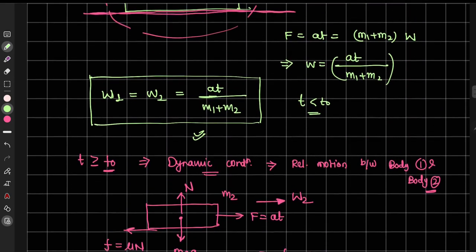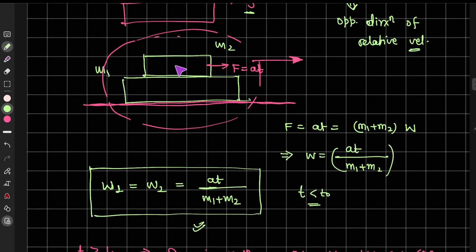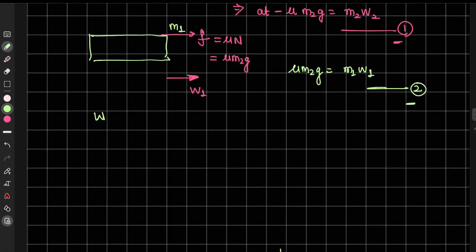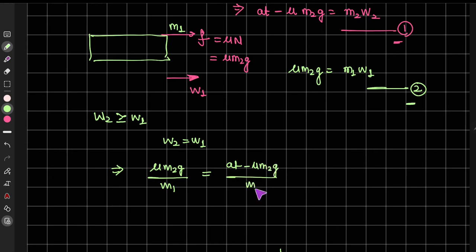Now if it is in the dynamic condition, then there will be relative motion between mass m1 and mass m2, and if there is relative motion between these two bodies, then definitely w2 will be greater than or equal to w1. Okay, for the limiting case, let us equate w2 equal to w1, and we can write mu m2g whole divided by m1 is equal to AT minus mu m2g whole divided by m2.